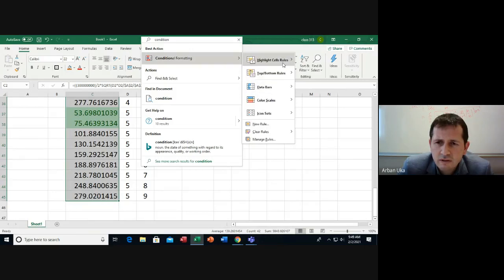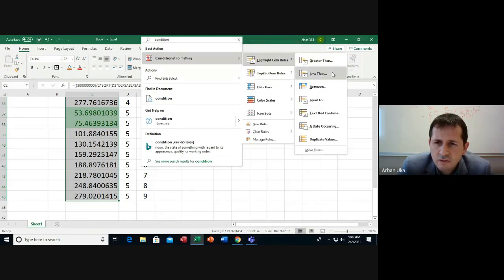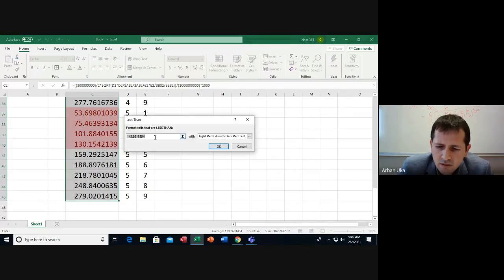Conditional formatting. So we want less than 100, which are the allowed ones. Oh, wait a second, maybe we have also a double condition, so we want to do them with a green fill.